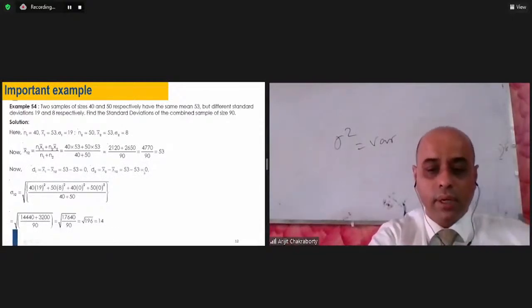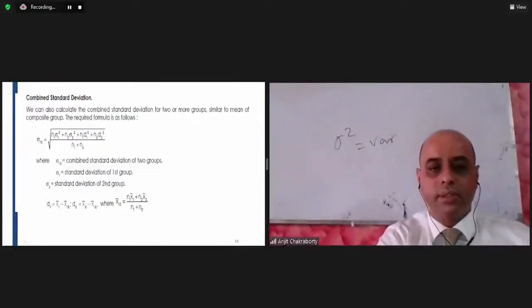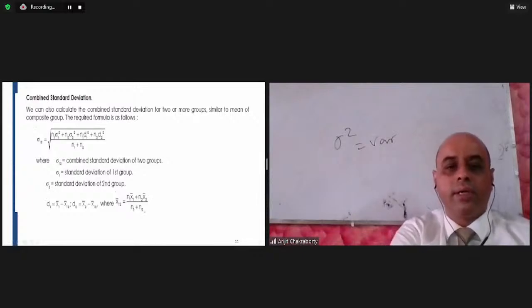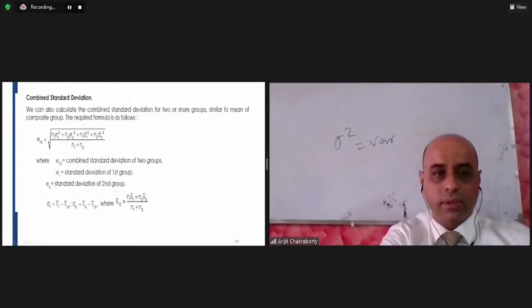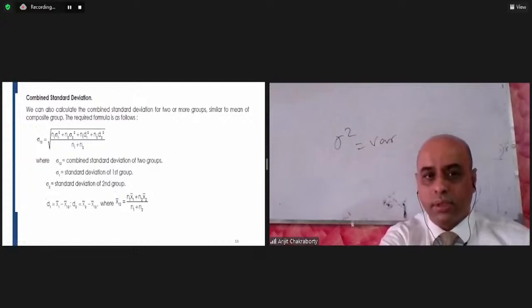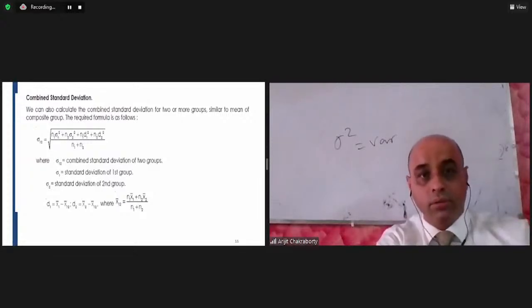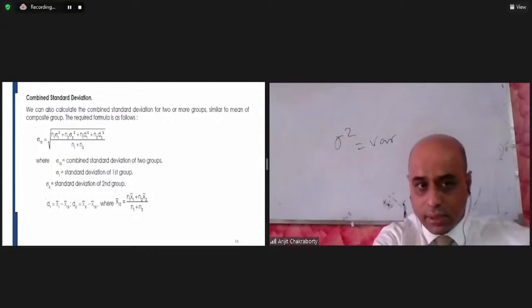So ultimately, if I go back one step, you can see N1 X1 bar plus N2 X2 bar divided by N1 plus N2. This is the formula for the combined mean. Now we put all the values here, N1 sigma 1 square. N1 is 40, so 40 into sigma 1 square, 40 into 19 square, because sigma 1 is 19.